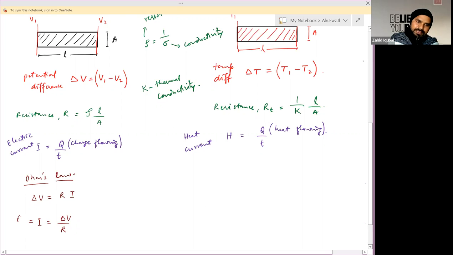We may write current as flow of electric charge per unit time.